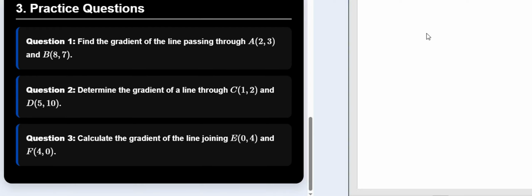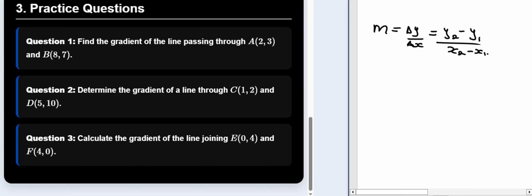In the first example, we are told to find the gradient of a line passing through 2 points, where point A has values 2, 3, and point B has values 8 and 7. And we already know gradient, which is given by m, is equal to change in y over change in x, which is given by y2 minus y1 divided by x2 minus x1.